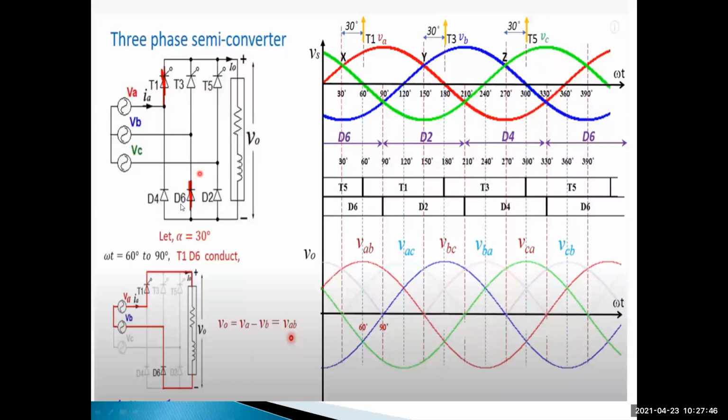Here, this is the common anode configuration. The anodes of diodes D4, D6, D2 are connected to the common point, that's why it's called common anode configuration.